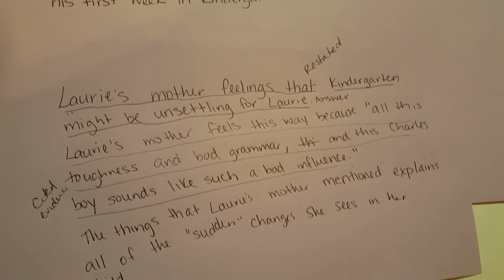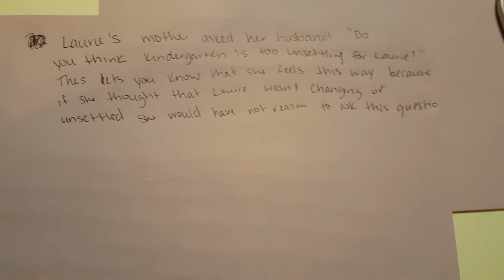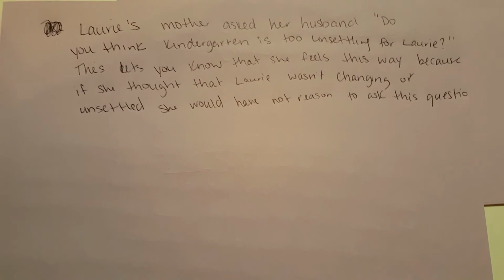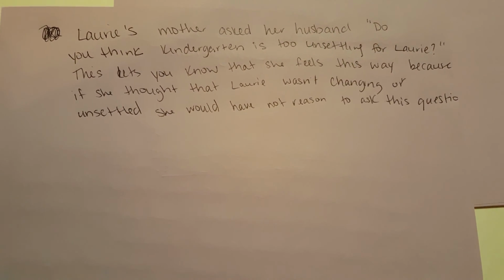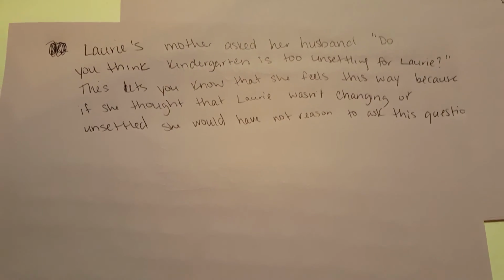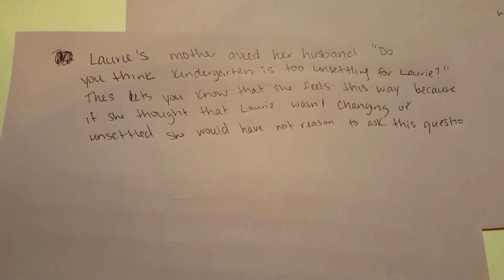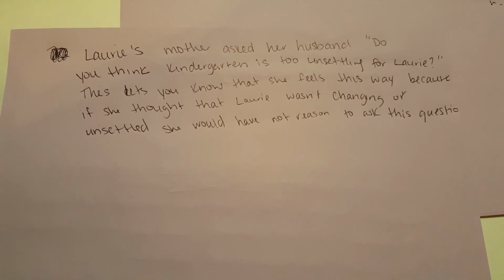The things that Lori's mother mentioned explain all of the sudden changes she sees in her child. Lori's mother asked her husband, do you think kindergarten is too unsettling for Lori? This lets you know that she feels this way because if she thought that Lori wasn't changing or unsettled, she would not have had a reason to ask this question.